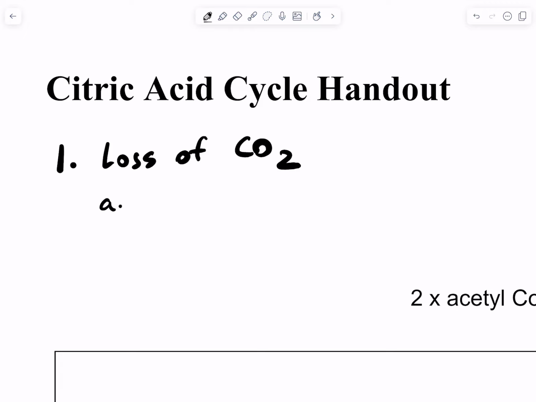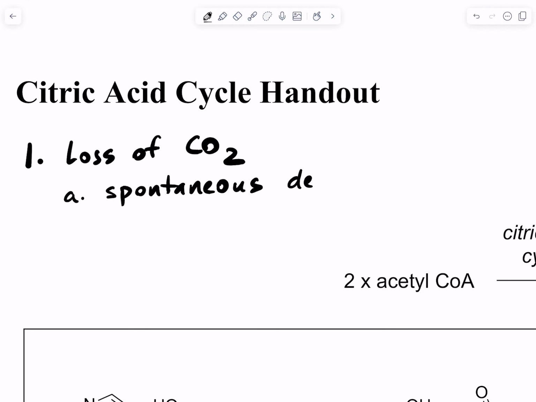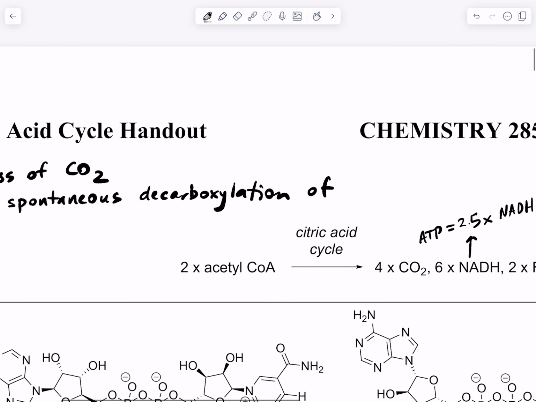The first is what I've called before spontaneous decarboxylation, meaning it happens just because. This happens whenever you have a specific functional group. Do you guys remember what it is? It's called a beta keto carboxylate.